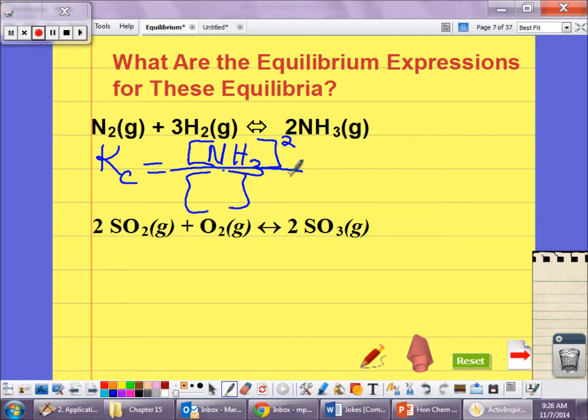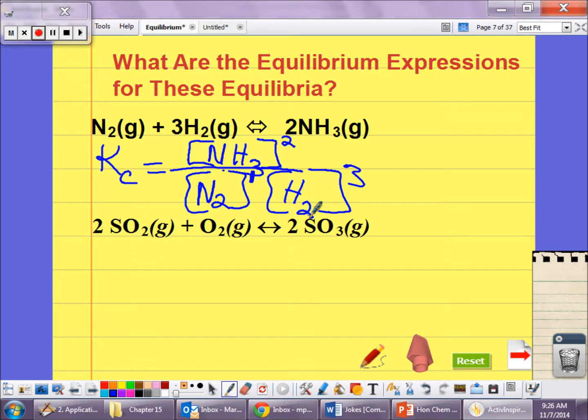Just to make sure I include everything, I would put the square bracket for each one of them. Just to make sure I don't forget the exponents, I would include them right now. This is a 3. And then I write down my substances here, which is H2. This is the expression.